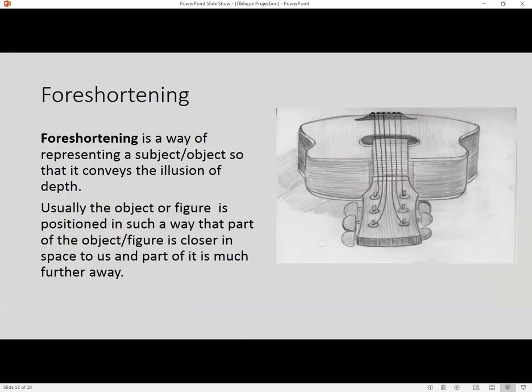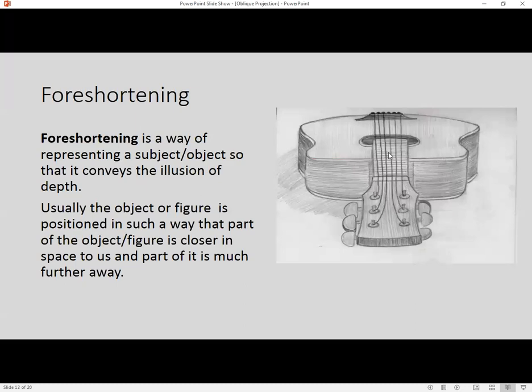And the object or the figure is always positioned in such a way that part of the object appears to be closer to us in proximity and space, and part of it's much further away. Something else that happens when you foreshorten an object, it makes it look shorter than it would be if it were standing up, because it compresses the space.